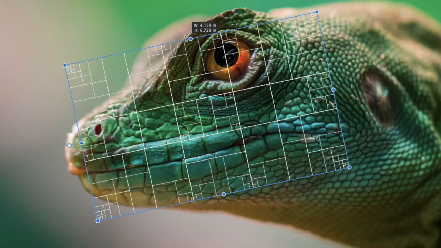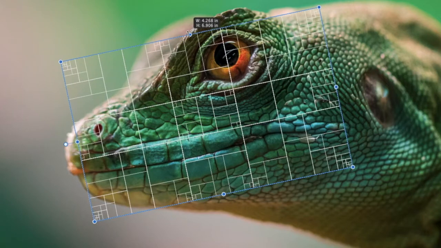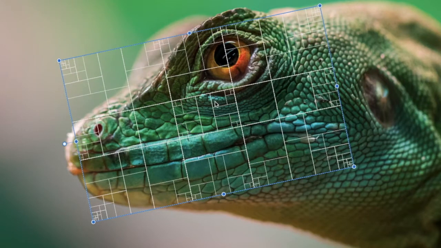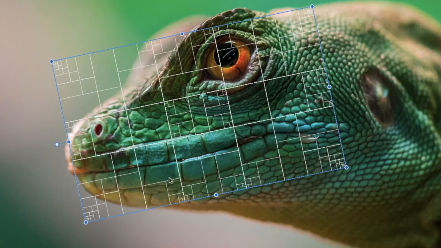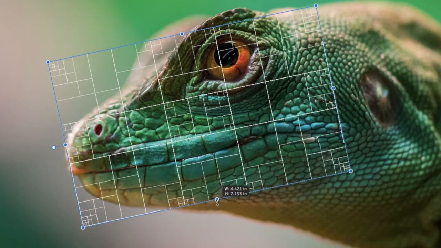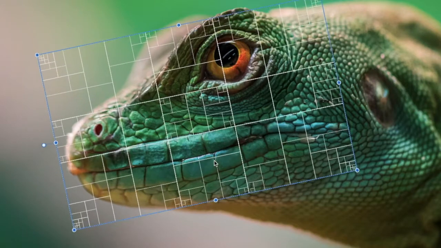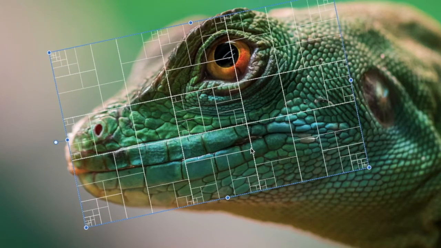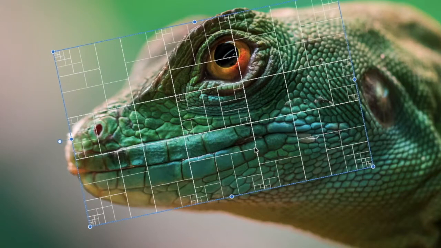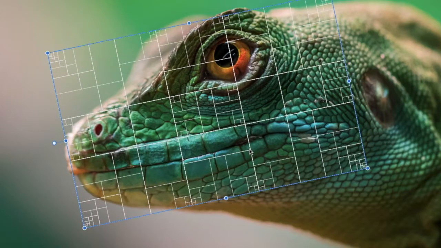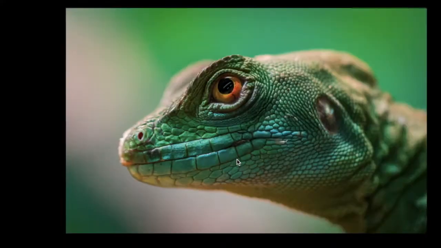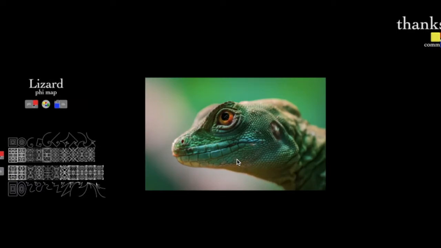What if it was just the top of the head to the eye? Again, using the ellipse here as reference. Could be something like this. Okay. Yeah, it is.